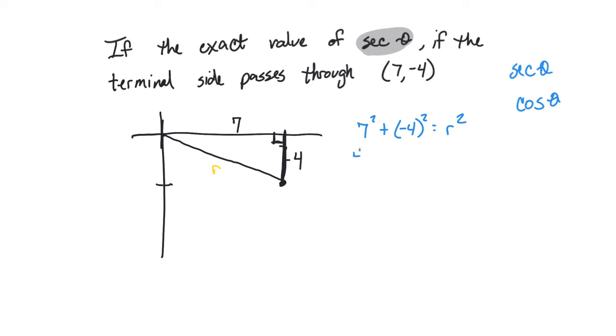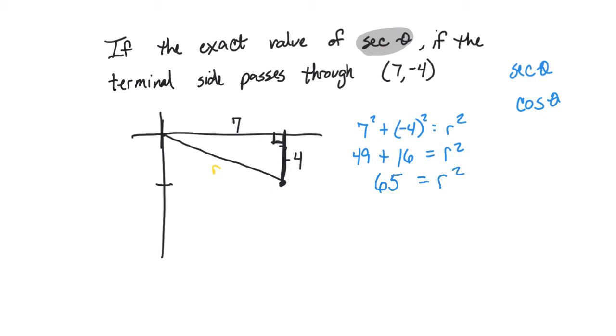So 7 squared is 49. 4 squared is 16. And this is radius squared. And 49 plus 16 would be 65 equals the radius squared.